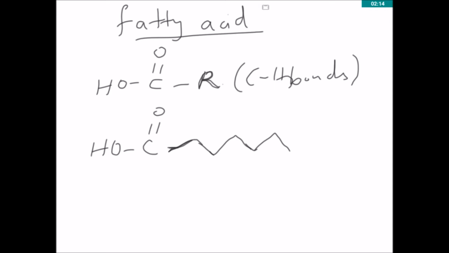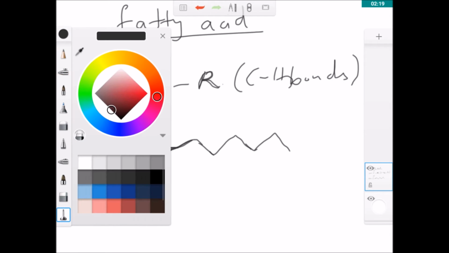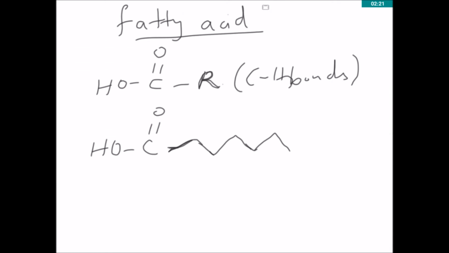This structure tells you that in every corner there is a carbon atom, and the black line is the bond.